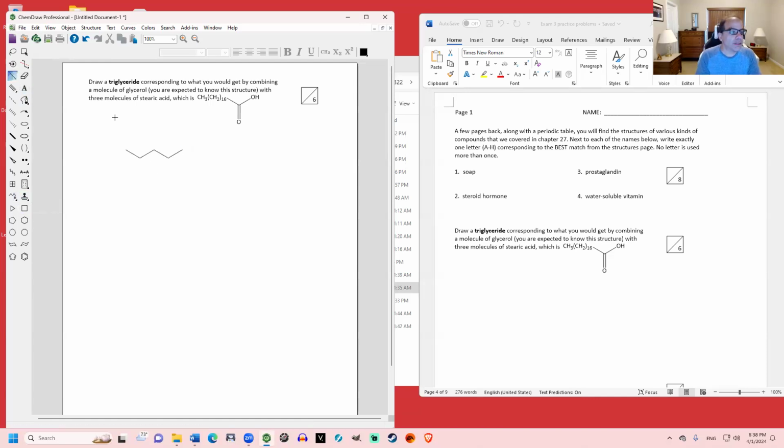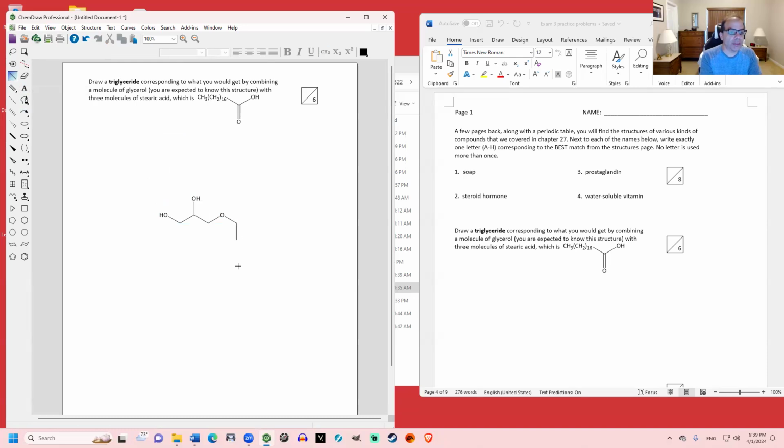So first of all, let's get glycerol out here. Glycerol is 1,2,3 propane triol. So that's the structure of glycerol. You will need to know that. And then on all 3 OH groups, we're going to make an ester functional group. And so you need to know what an ester functional group is.